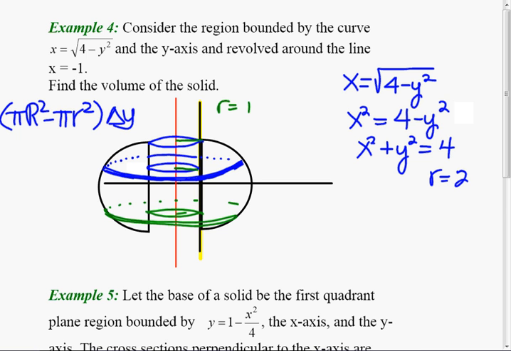I'm going to start at the axis of rotation and go to the original figure. This length here is 1. Everybody see that? Then this length here is x. It's changing. It's not 4 here, is it? It's the x coordinate on that function. So what's the big radius? 1 plus x.